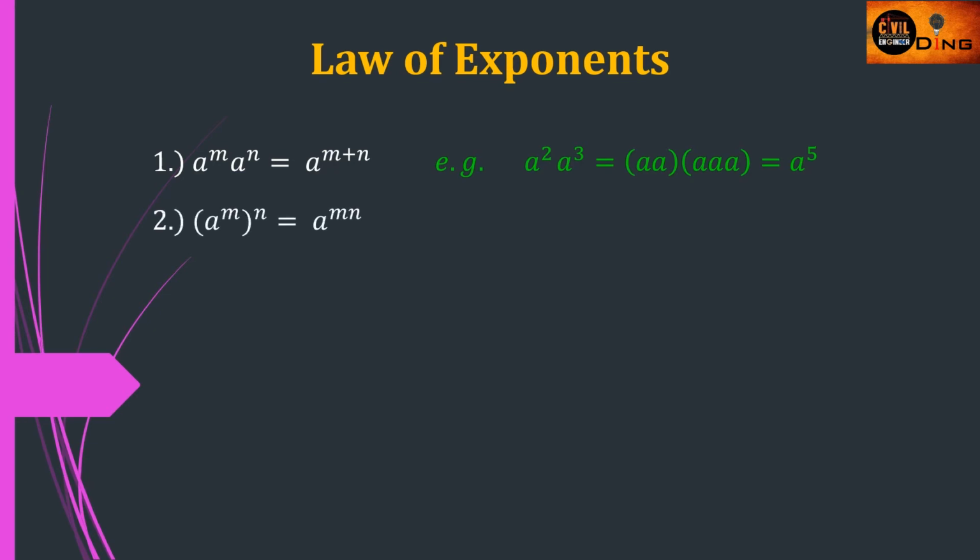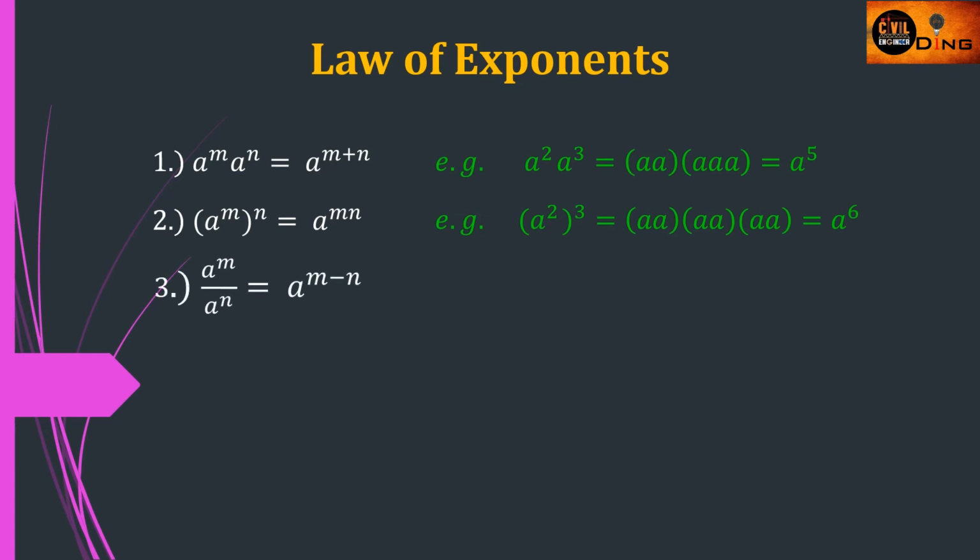Number 2, a raised to m, raised to n, equals a raised to m times n. Halimbawa, a squared raised to cube. Yung dalawang exponent natin ay minultiply. Kaya equals a a times a a times a a is equals to a raised to 6.